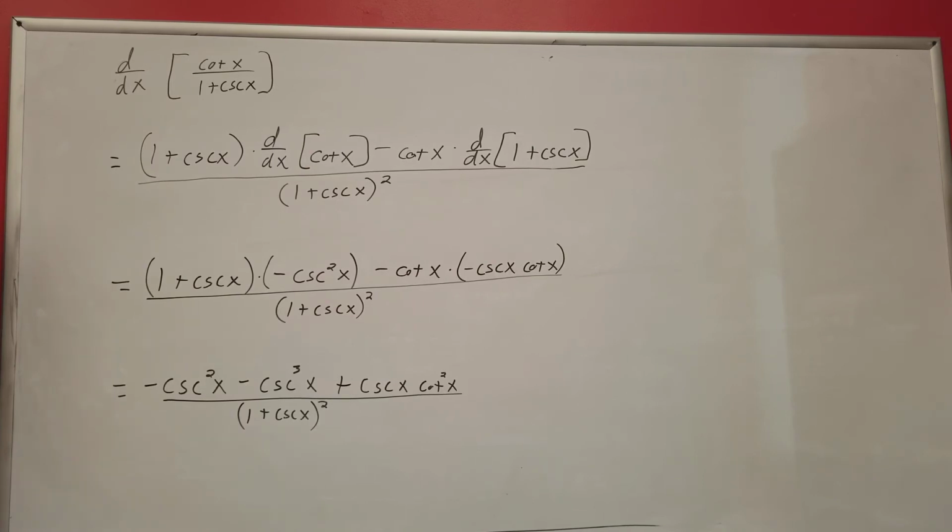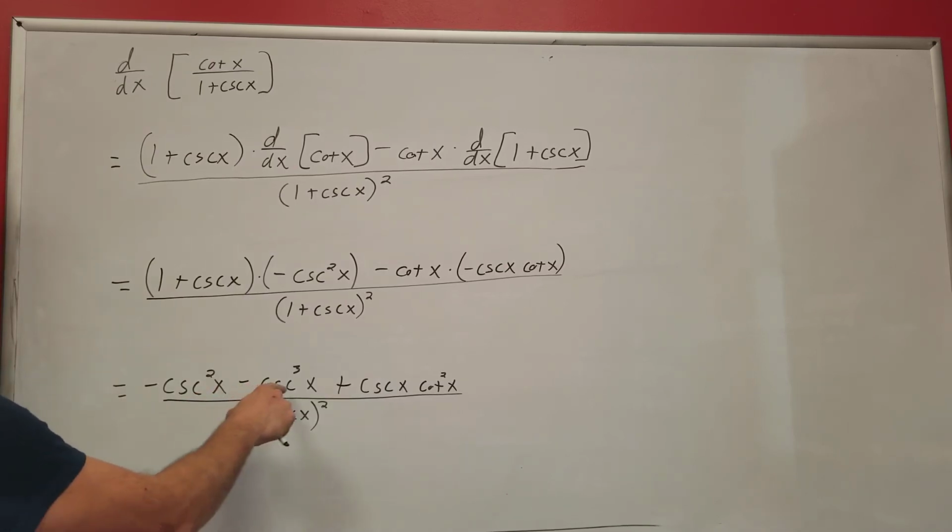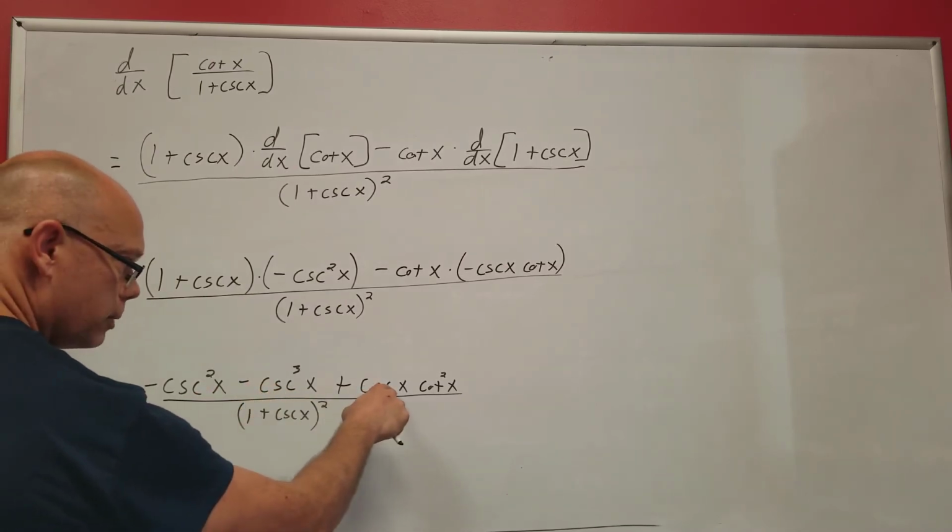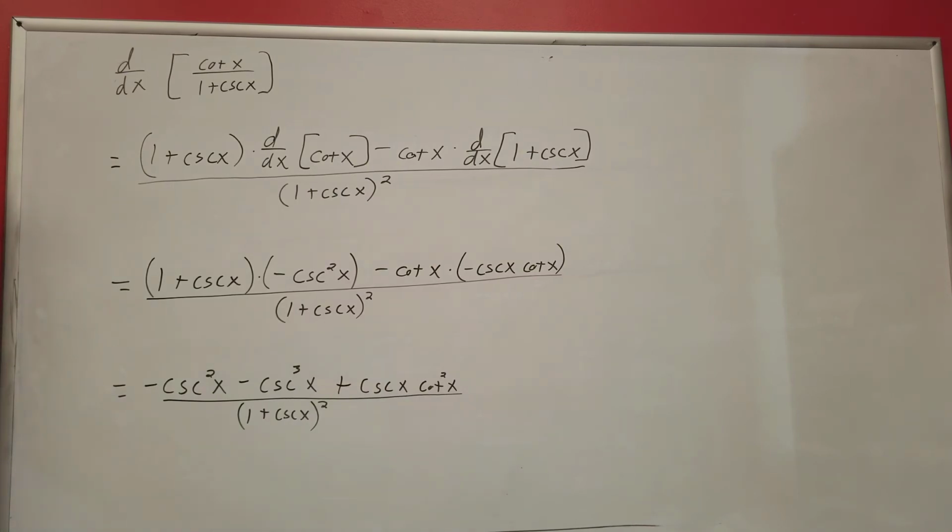What could I do with that? Well, right here, here, and here, you have a cosecant of x common to all of those. So I'm going to factor it out of all of those. If it leads with a negative, for some reason I like factoring that negative out.